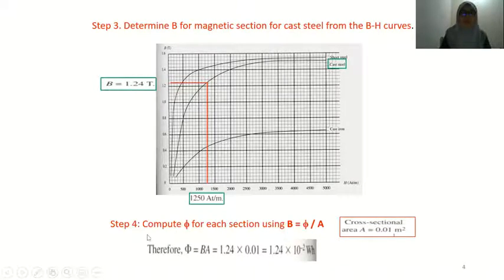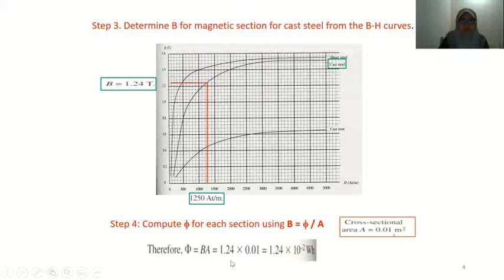And then the next step, you have to find the flux, right? You can use the equation B equals flux divided by area, so the flux is B times your area. The B that you get from the BH curve is 1.24, times your area, 0.01.